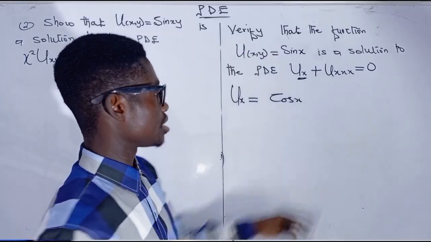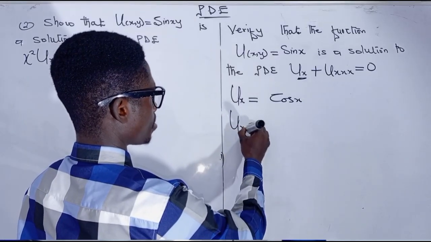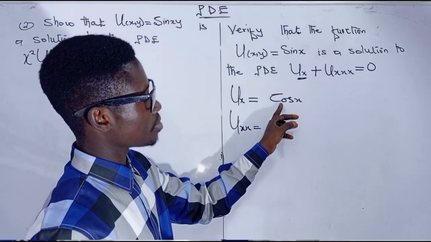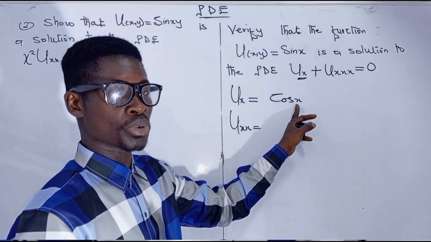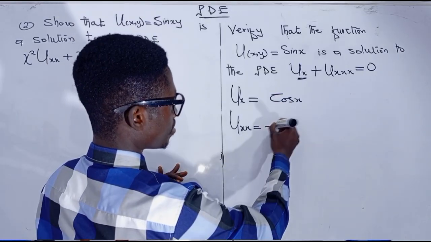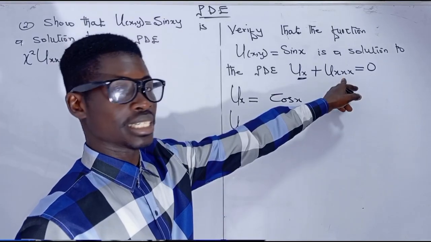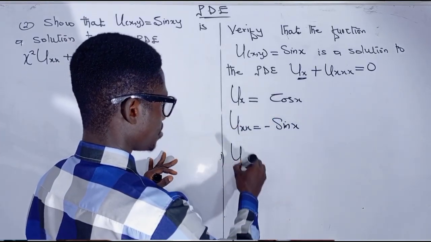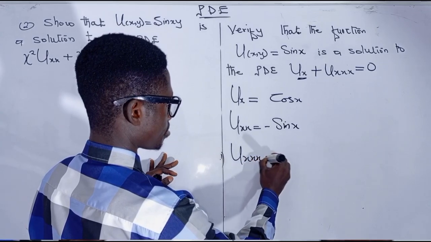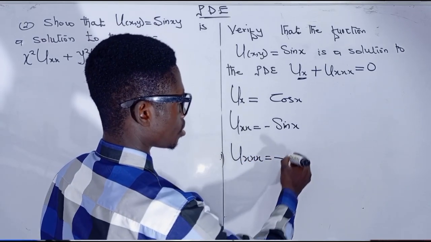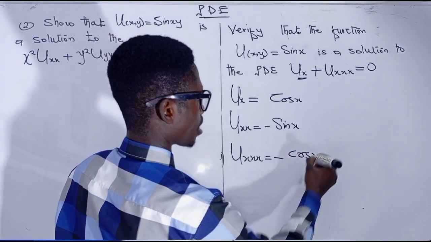Let's continue. We look at the second partial derivative of the function with respect to x. When we differentiate cos x, we get negative sine x. Then the third partial derivative with respect to x: when we differentiate sine x again, we get cos x.